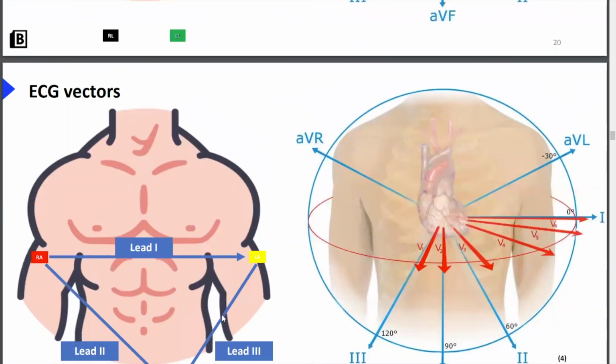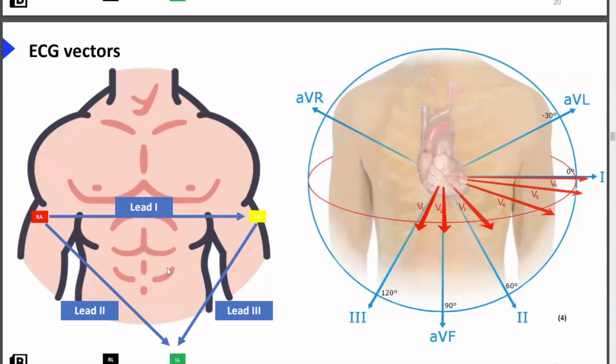And then we have lead 1, lead 2, and lead 3. Lead 1 measures current flowing from the right arm to the left arm. Lead 2 measures current flowing from the right arm to the left leg. And lead 3 measures current flowing from the left arm to the left leg.